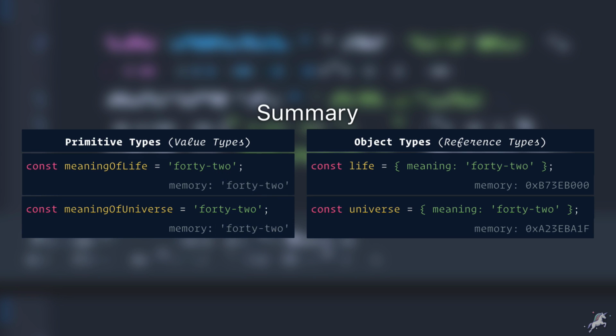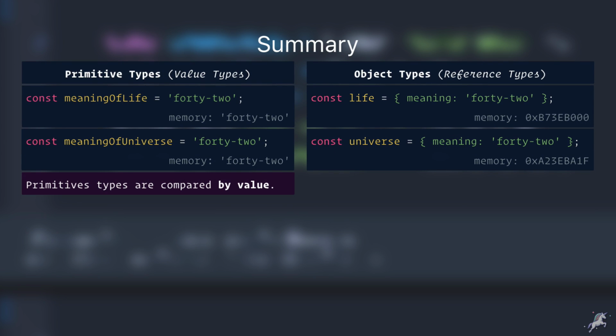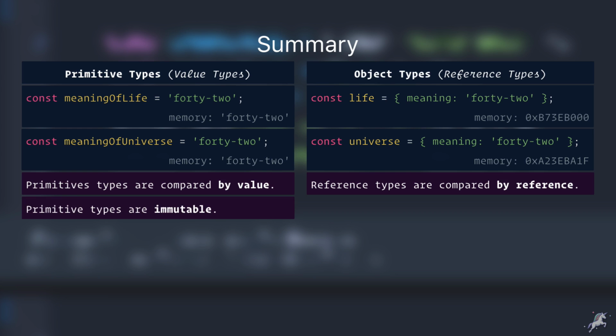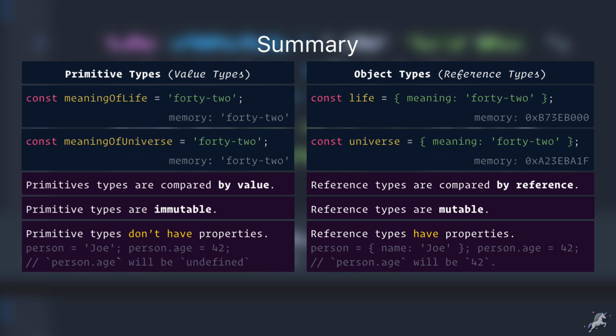But for the sake of simplicity and ease of remembering, we say that value types are compared and passed by value, and reference types are compared and passed by reference. Primitive types are immutable, they are compared by value, and they are passed by value, and they don't have properties, whereas reference types are mutable, they are compared and passed by reference, and they do have properties.